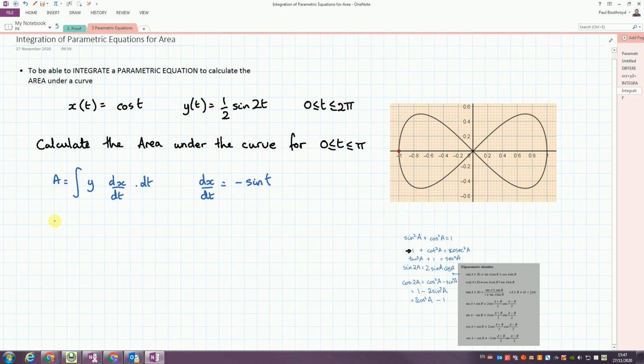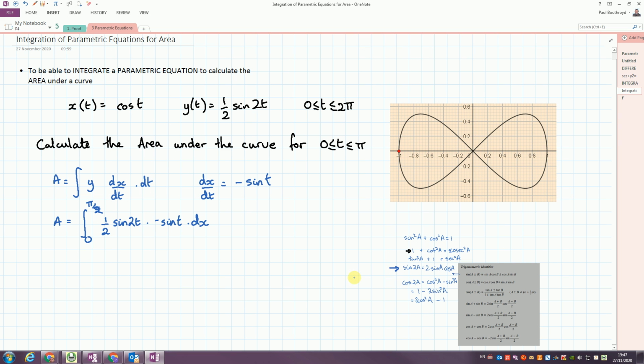So when we put it into our area equation, we're now talking about the integral from 0 to pi over 2 of 1/2 sine 2t multiplied by minus sine of t with respect to t. I've got my trig identities over here that I need for all these trig functions.